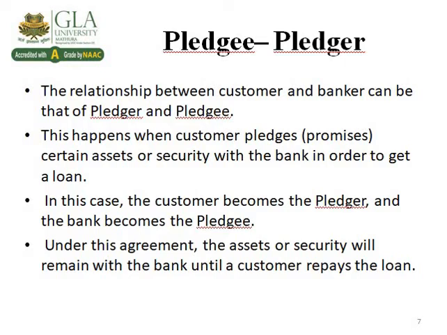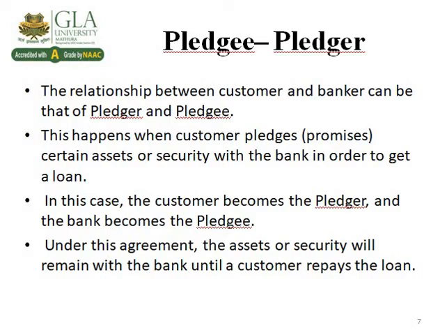Now we're coming to the pledgee and the pledger. So the relationship between customer and banker can be that of pledger and pledgee. Now, explaining point number one, why this relationship is known as pledgee and pledger: this happens when a customer pledges certain assets or security with the bank in order to get a loan.